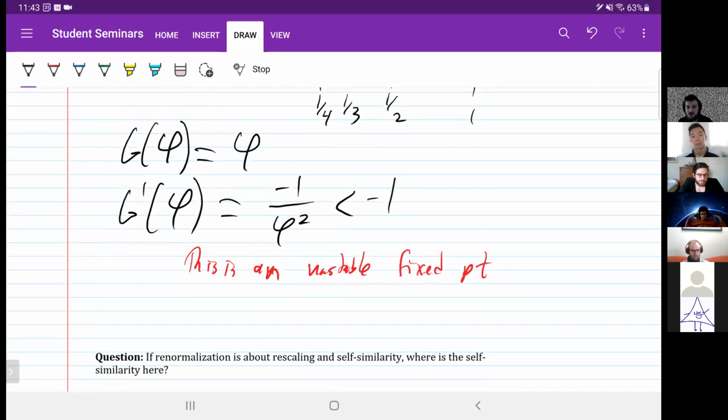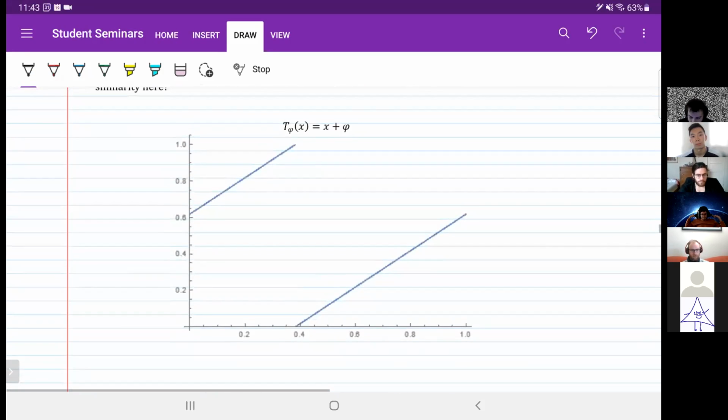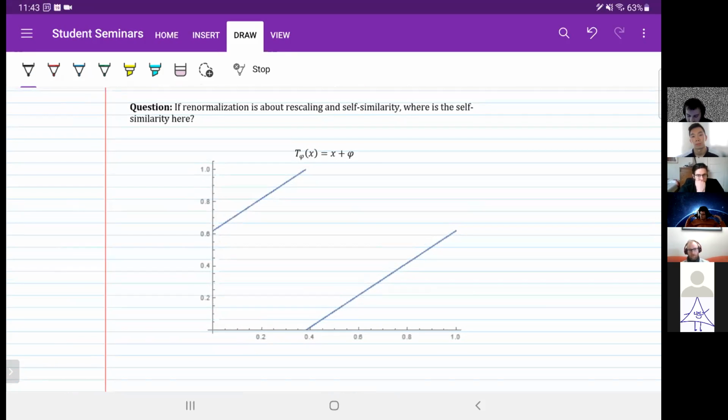What does this have to do with self-similarity of dynamics? When you look at this function, this is the graph of the rigid rotation by the golden mean. It's not obviously self-similar. It doesn't scream self-similarity at me. Okay.